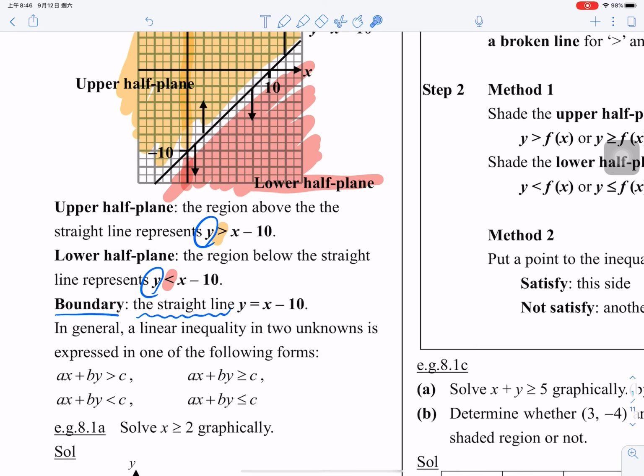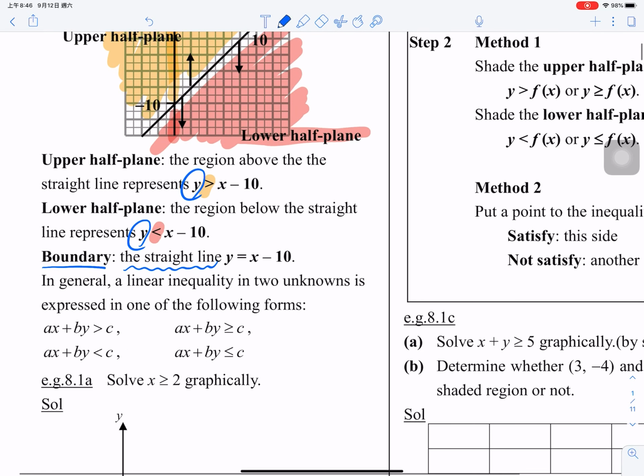So in general, a linear inequality in two unknowns is expressed in one of the following forms: ax plus by greater than c, or ax plus by greater than or equals c. On the other hand, ax plus by smaller than c, or ax plus by smaller than or equals c. Clear?